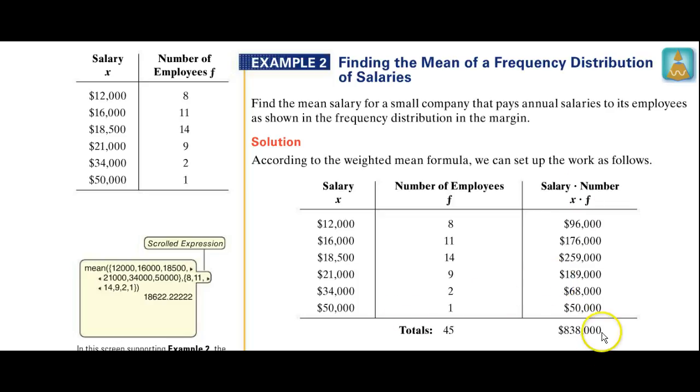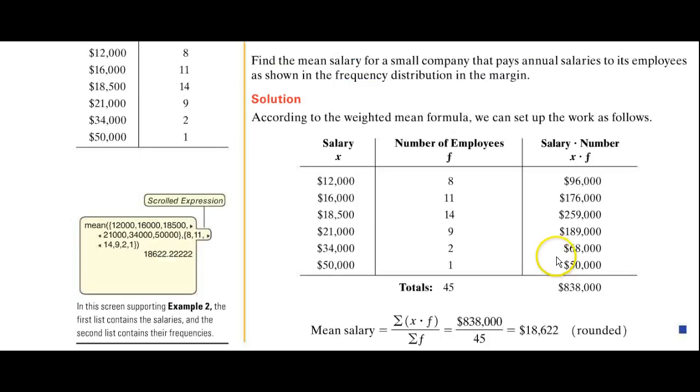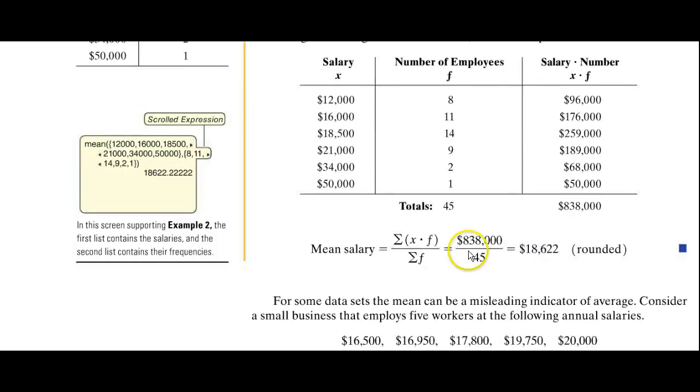So we get the total salary, and then the number of employees is our frequency. So we will divide the total salaries by the total number of employees, which gives you the average salary of individuals in this business.